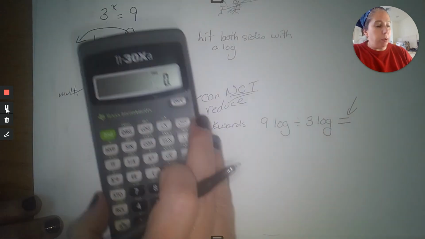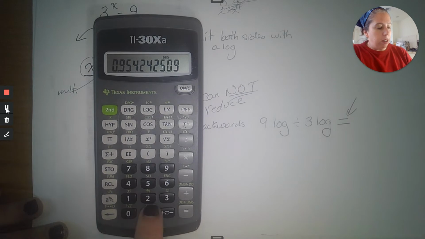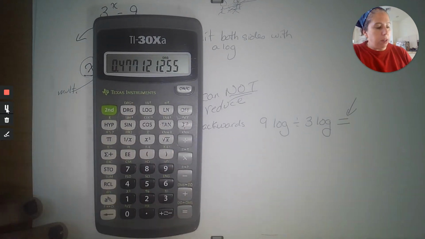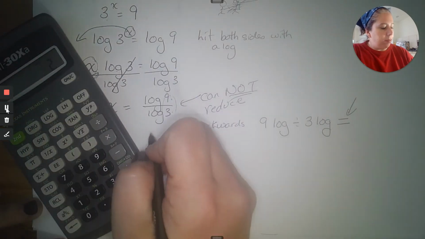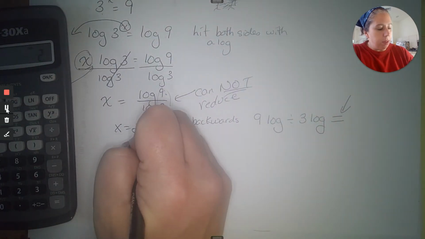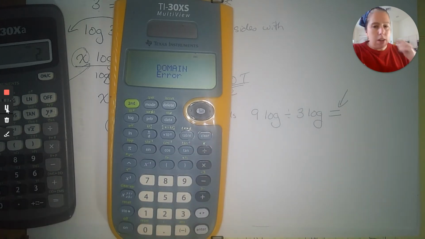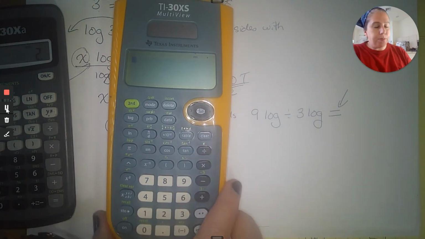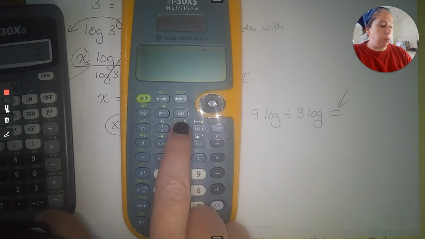Now we know the answer is 2, so hopefully we get 2. You're going to do 9 log divided by 3 log and hit equals. And I get 2. So x equals 2. Now if I do it on this other one, this one has the parentheses. So if you hit log and a parenthesis comes up, you've got to close the parenthesis.